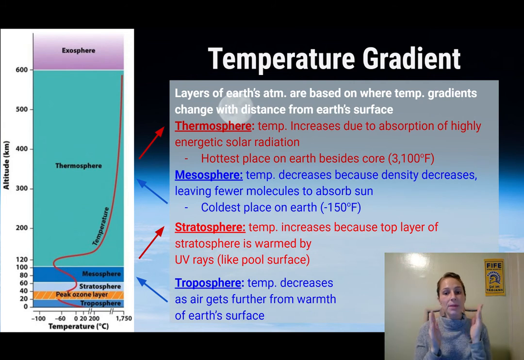And the thermosphere is going to be the hottest place on Earth, besides the very core of Earth, because we're going to get to temperatures up to over 3,000 degrees Fahrenheit. So hopefully these colors help you, but it's important to know the reason why we are getting these different temperature gradients, increasing or decreasing temperature as you move up in these different layers.